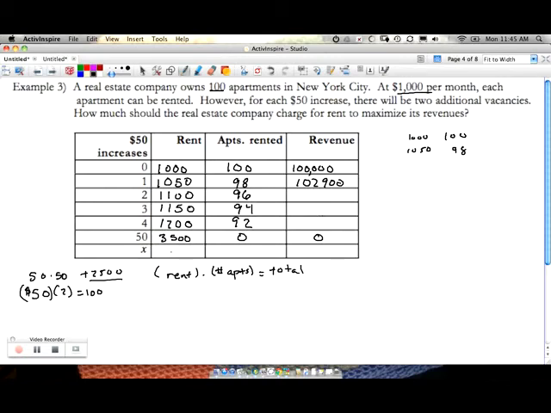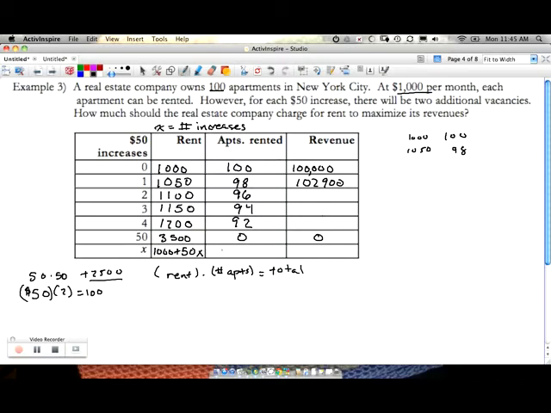So how do we calculate how much the rent is? We start with 1,000, but then we're adding $50 per increase, and x equals the number of increases.